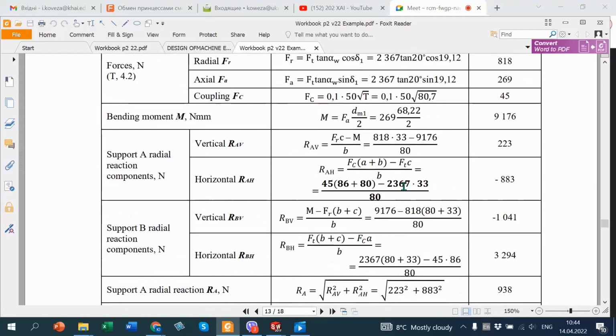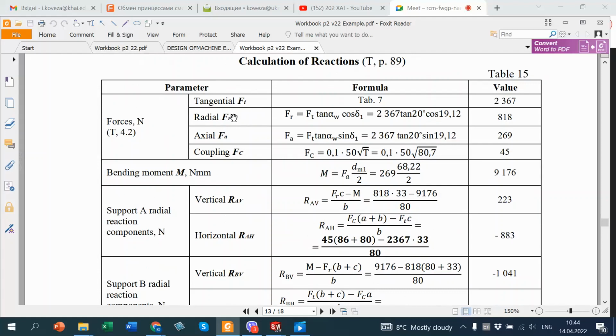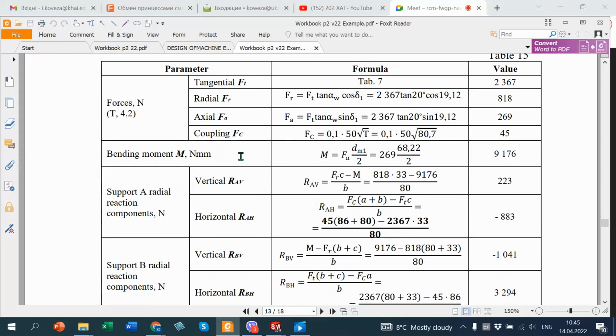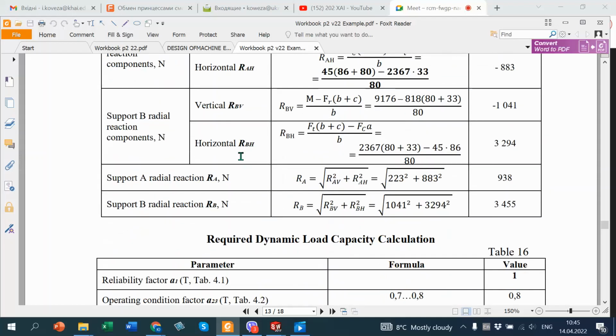Here it is a radial force in gearbox, in pinion contact. We have tangential force, radial, axial, coupling, and all of them create load.